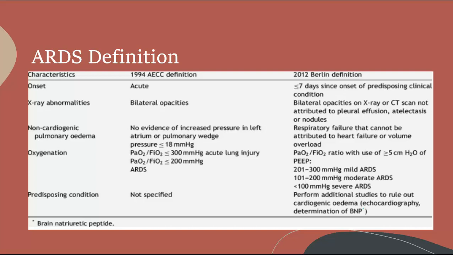Also in the Berlin definition, they define the severity of ARDS: mild is from 200 to 300, moderate between 100 and 200, and severe less than 100. Just keep in mind this is with PEEP of 5 or above.